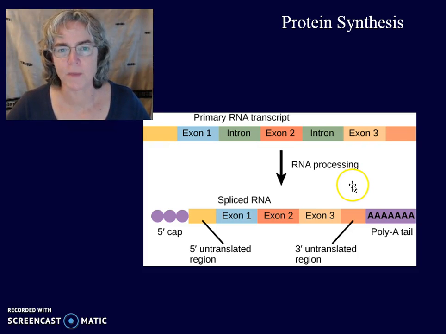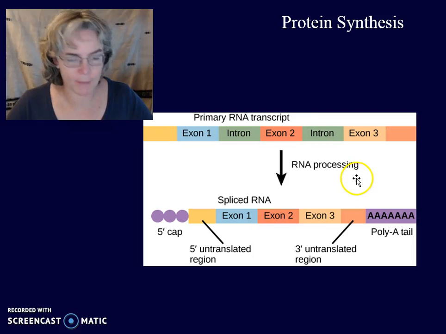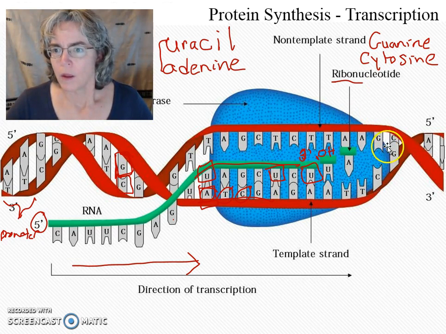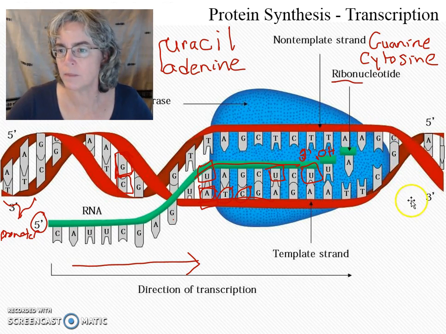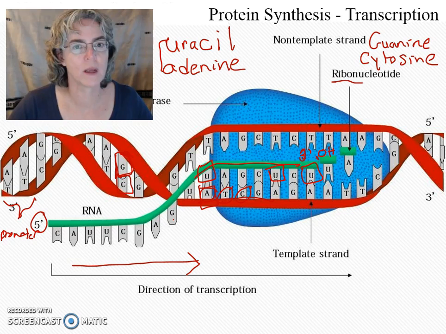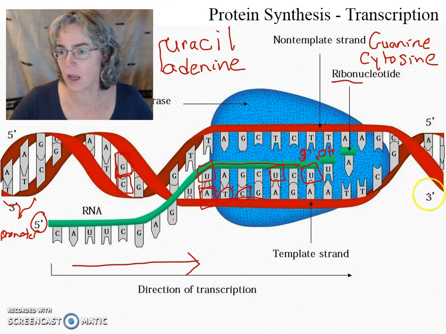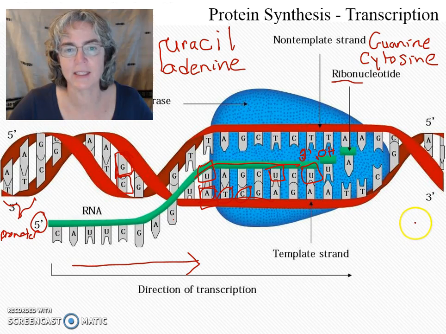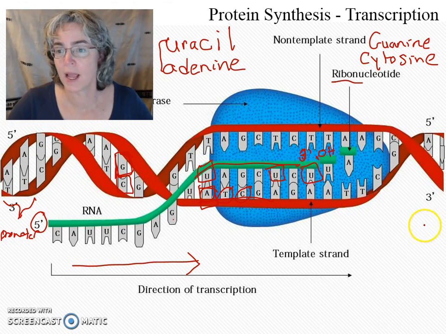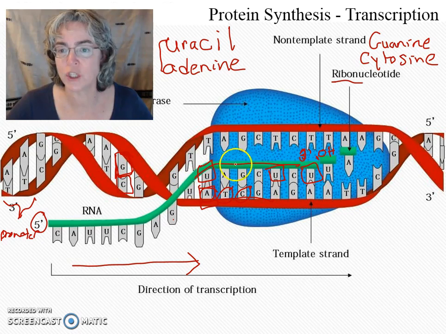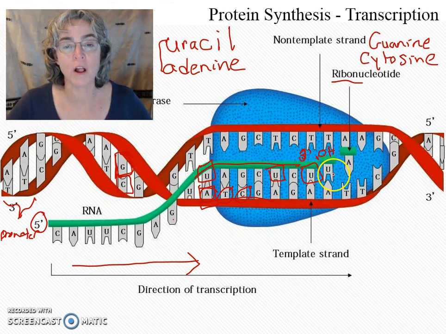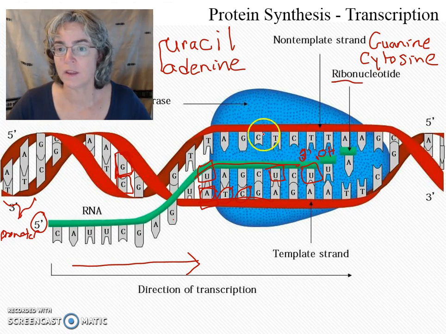Okay, so now, let me go back. The RNA polymerase comes to a sequence of nucleotides that signals the RNA polymerase to stop. And as soon as it stops, this RNA chain will fall off the RNA polymerase and off the DNA.